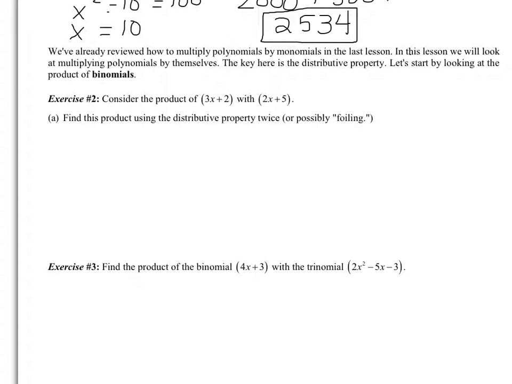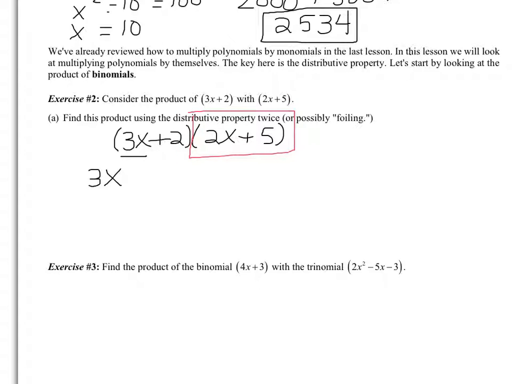So I am going to start by writing down my two binomials. And I'm going to use the double distributive property, meaning I'm going to distribute twice. I am going to start by taking the 3x from the first binomial, and I am going to multiply it by the entire second binomial, 2x plus 5.